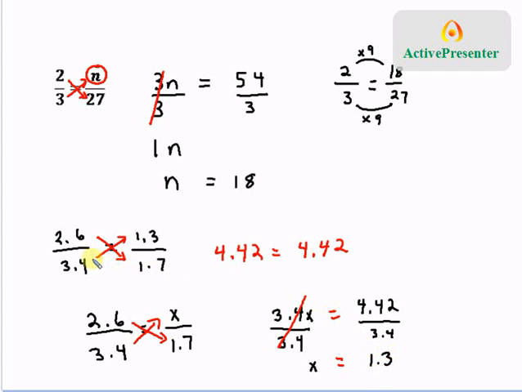And we saw earlier 2.6 over 3.4 is in fact equal to 1.3 over 1.7. So anytime we want to solve for a missing value, all we do is we cross multiply, and then we get an equation. Once we have our equation, we simply solve for the missing variable. And that will bring us to our last step.